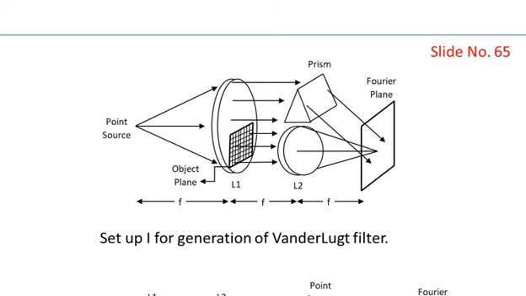You then need to develop the photosensitive photoglass material and dry it, and that will act as a Fourier transform hologram. Then the van der Lugt filter is constructed. So this was setup 1.